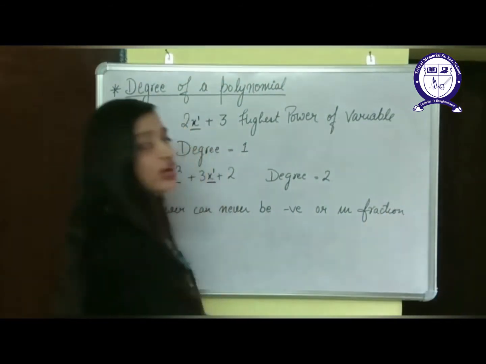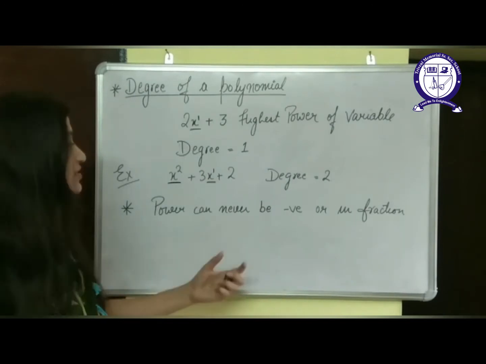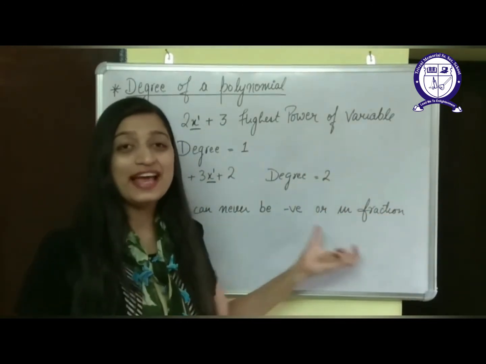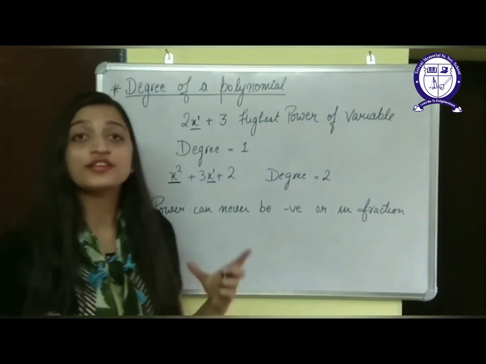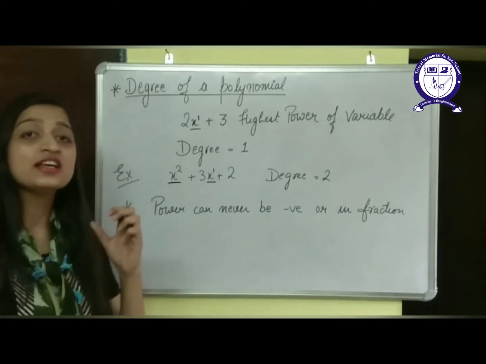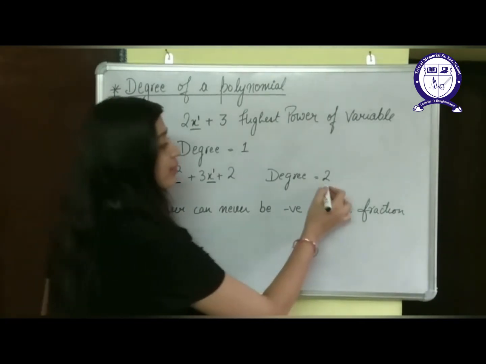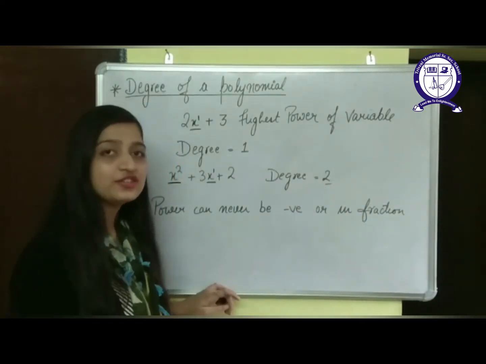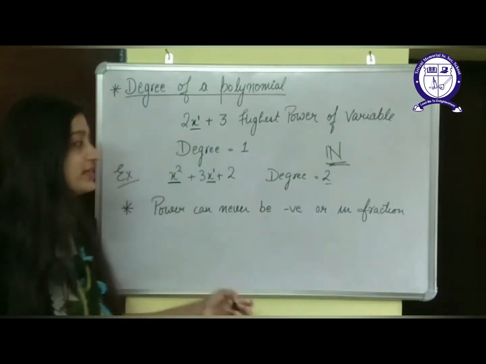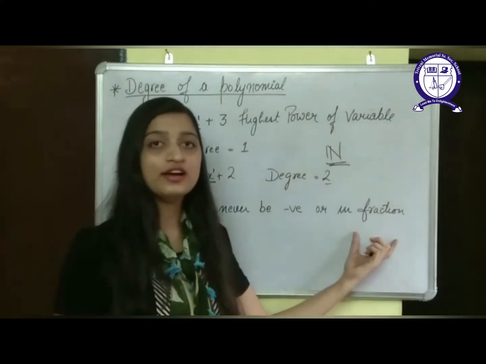If a polynomial has a negative power or a fractional power, then that expression is not a polynomial. The polynomial should have a power that is a natural number, but the powers cannot be negative or in a fraction.